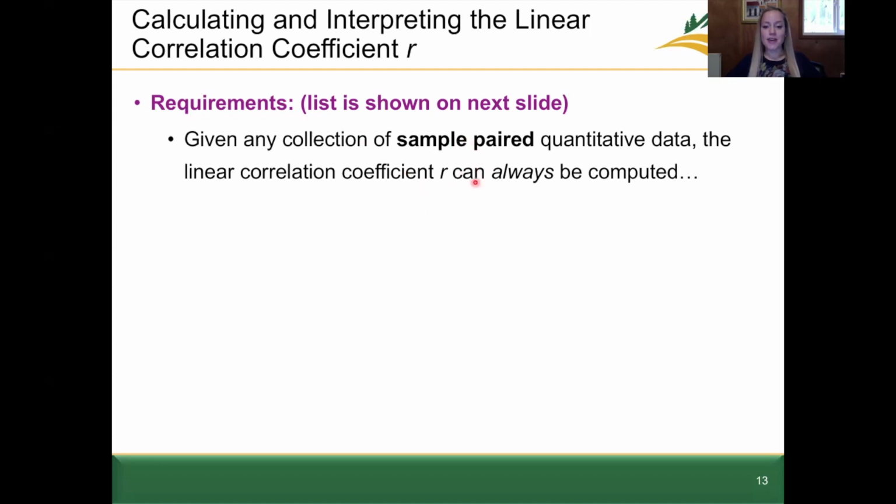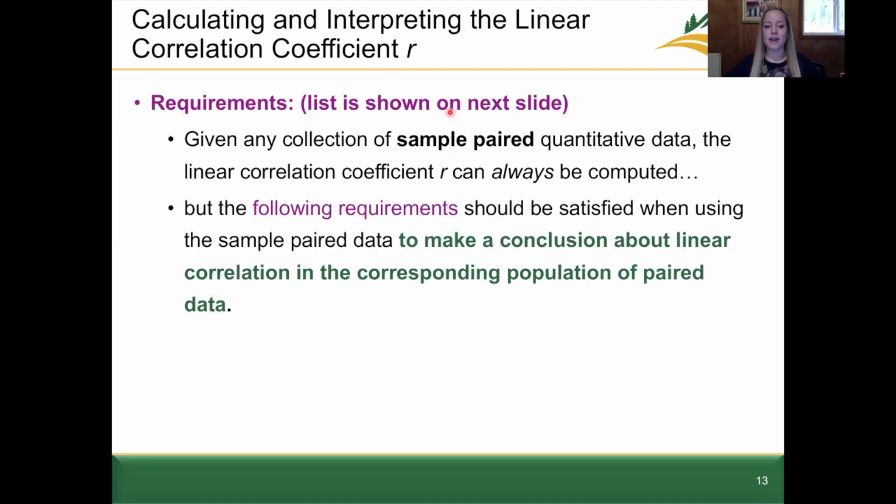So, okay, we can calculate a value for R, but remember we want to connect this back to a linear correlation. We'll go through the list of requirements on the next slide, and those requirements should be satisfied when using the sample paired data to make a conclusion about the linear correlation specifically in the corresponding population of paired data. Why is this wording of population here?